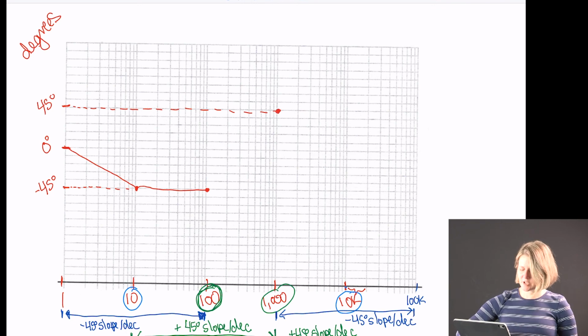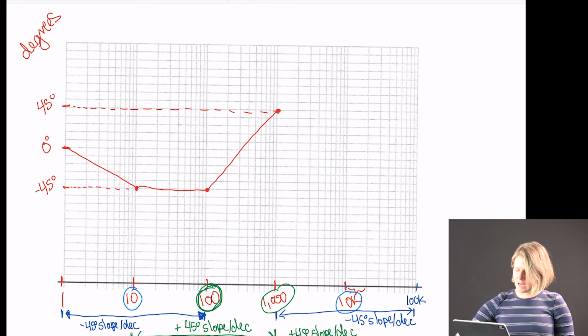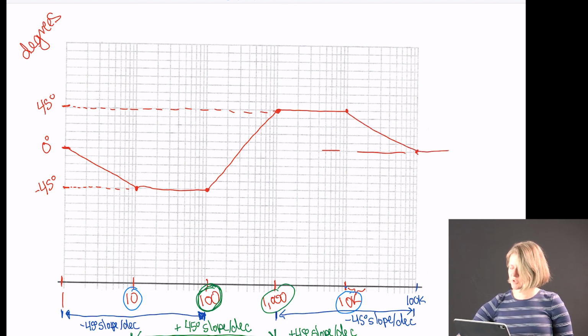And this is now going to change from that 100 to 1,000. I change by 90. So from minus 45 plus 90 gives me plus 45. Again, I have a 0 change from here to here. And then I also have a minus 45 from here to here. So this is my 0 again, and then it's going to be 0 degrees change after that, and it's going to end at 0 degrees.